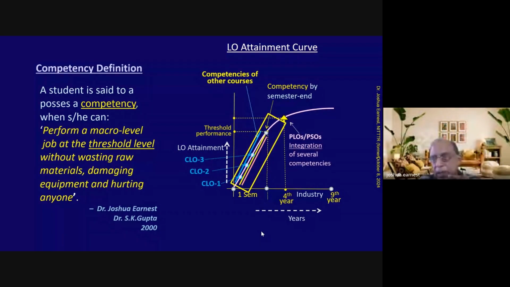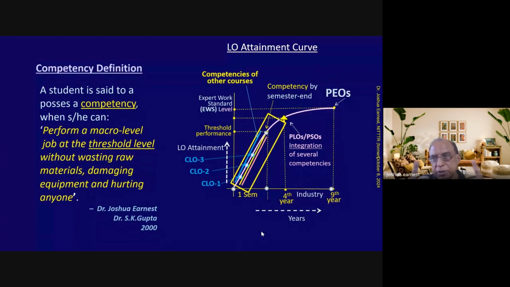And after the student graduates, the learning curve starts flattening because there's nobody to teach. He has to learn on his own, and slowly he achieves the PEOs, the expert standard level, EWS level it's called. So PEO is an expert EWS level, while competency is at the threshold level.